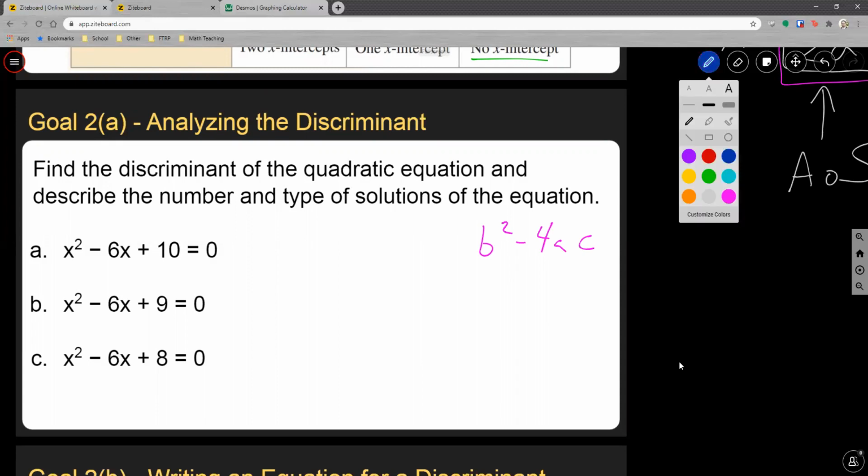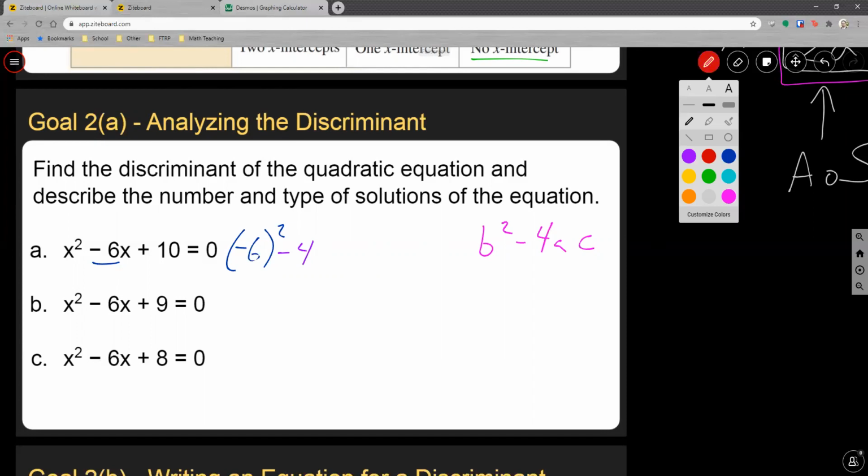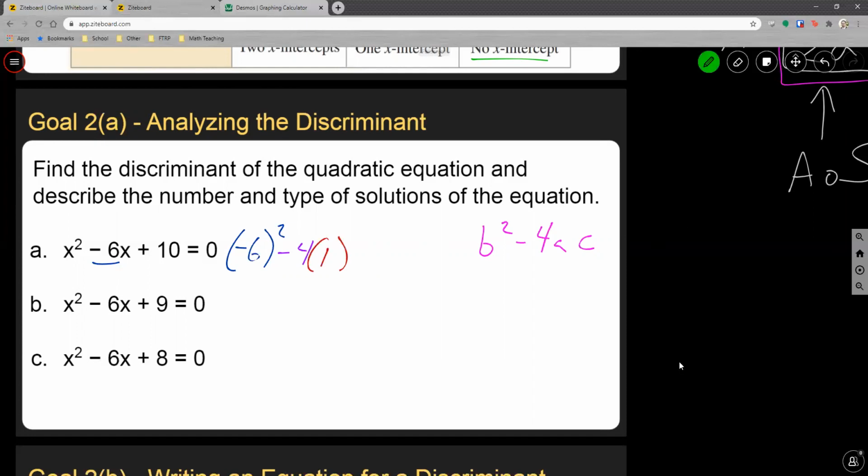So I'm going to do this very quickly. b on the first one is -6, so I'm going to have -6 squared minus 4 times a times c. Ooh, that's a bad color to use. Minus 4 times a, which is 1, and times c, which is 10.